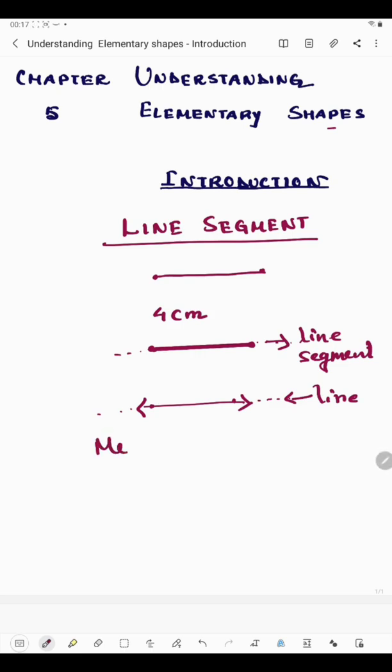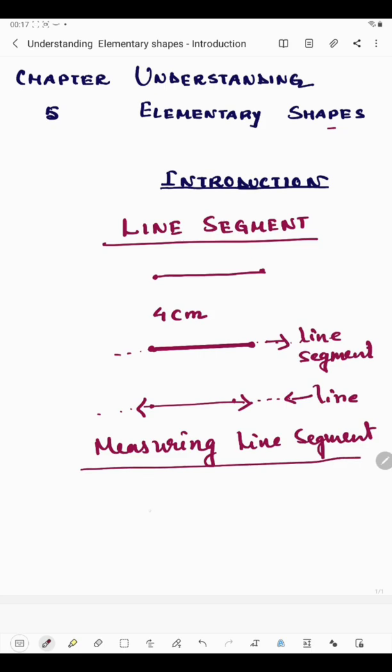Now measuring a line segment. How to measure the line segment? Suppose I take a line segment, this and this. Can you tell me which line segment is larger? By seeing we can identify that this line segment is larger. So this is our observation.